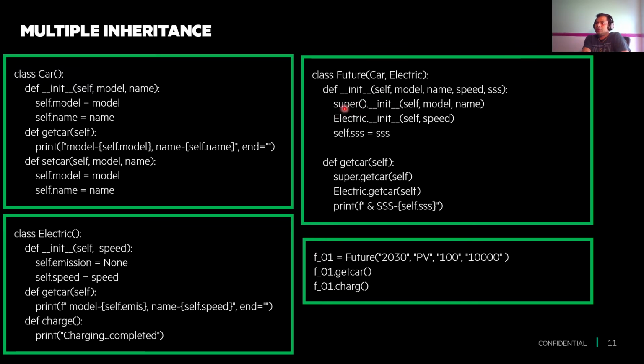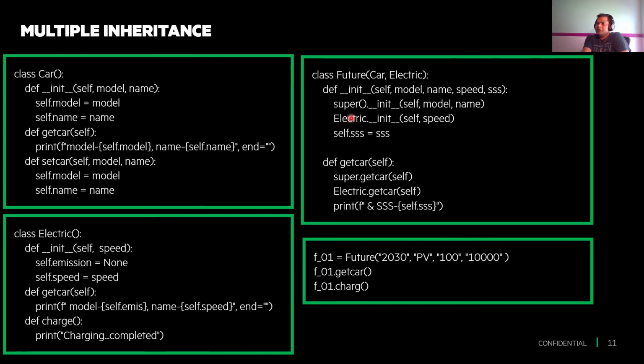The MRO feature comes in handy, and it tells that whenever we look for the methods, we go bottom to top, and then we go left to right. So in that case, first class is car, and inside the car, we can see that we have the init function. Init is here, and then it is able to find it. But for electric, we have to specify the electric class and then call the init.